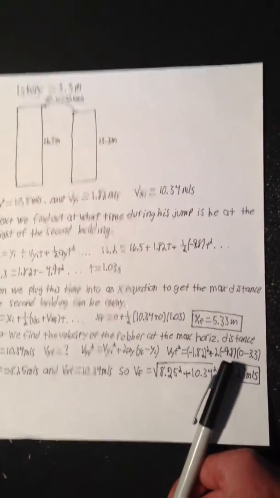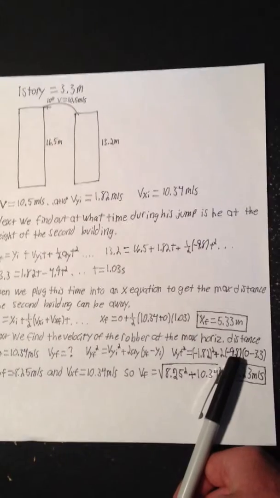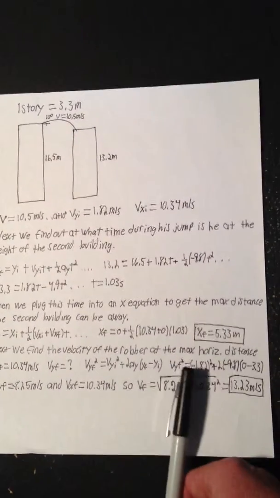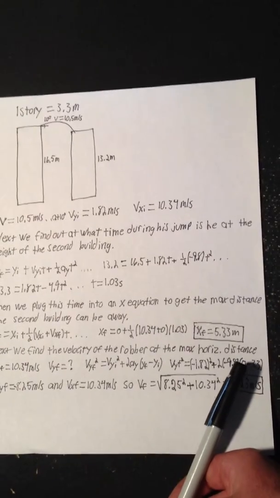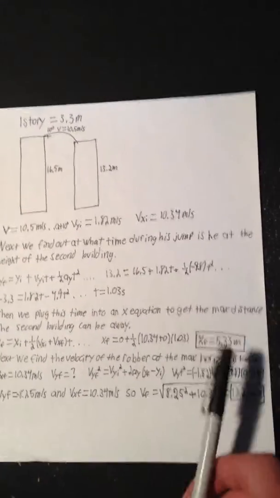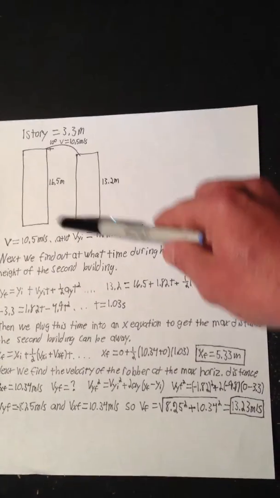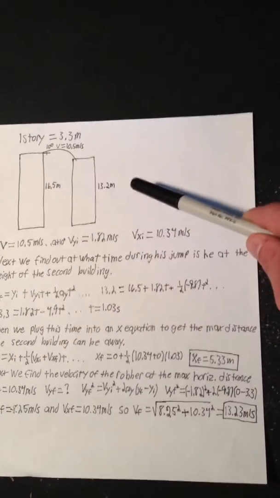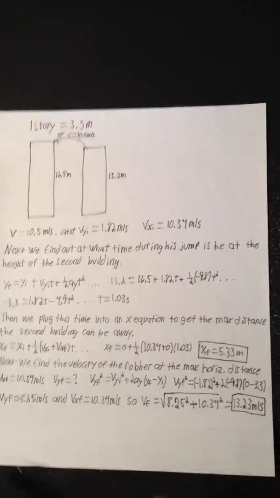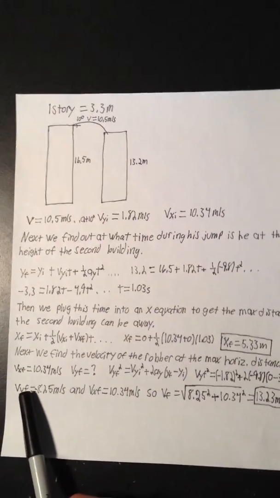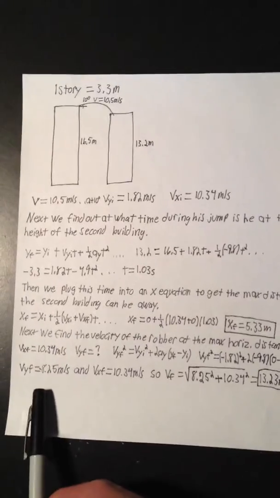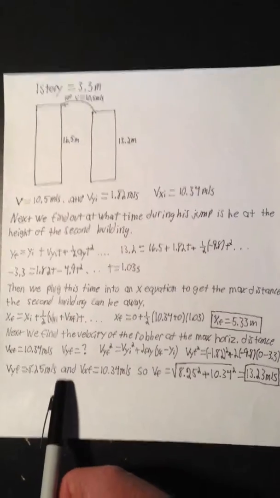Negative 9.8, of course, is gravity, and then your y final would be 0 minus your y initial, which I'm making 3.3 due to 16.5 minus 13.2. And we determined that our Vy final, velocity in the y direction final, is negative 8.25 meters per second.